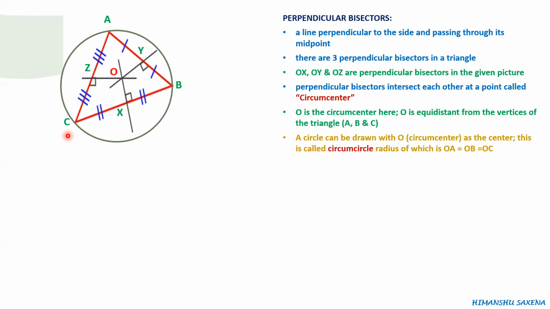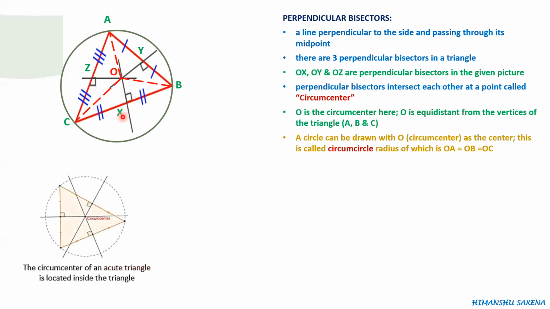This circle is outside the triangle, but it is touching it at 3 points, A, B, and C. The center is this circumcenter, and the radius is OA or OB or OC, because these three are equal.